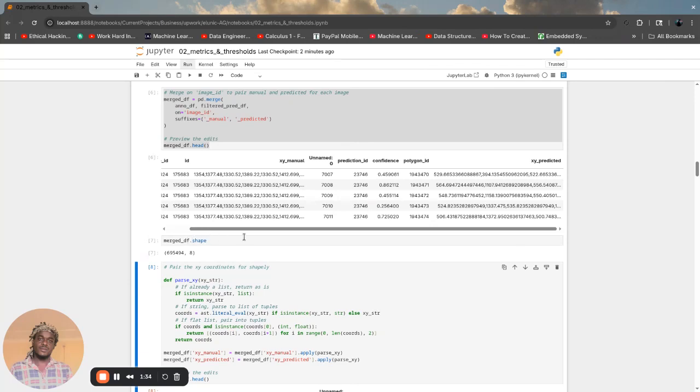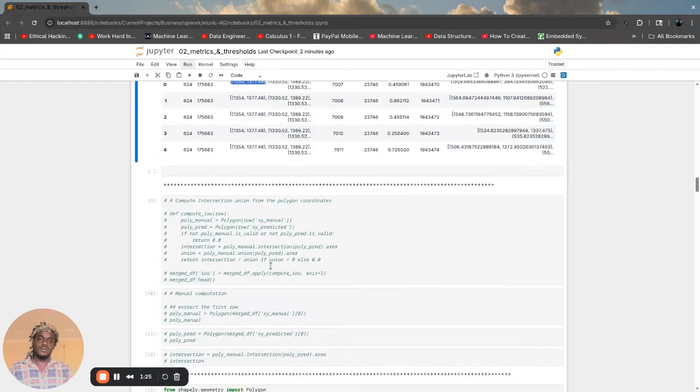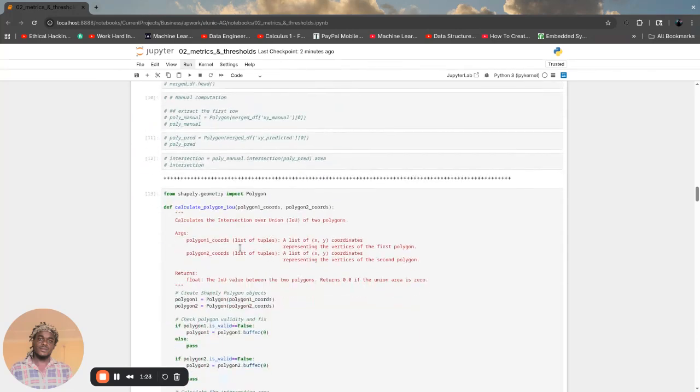So I had to use the IOU to find which polygons overlap. So I created this function called the polygon IOU.